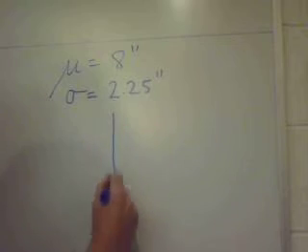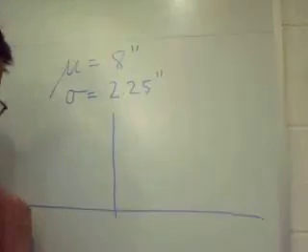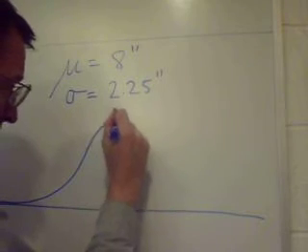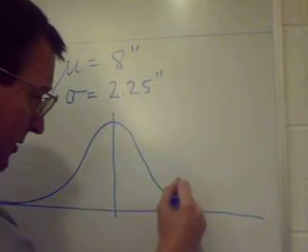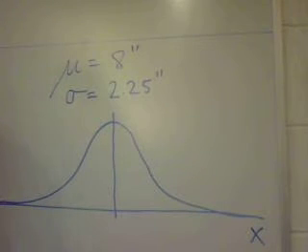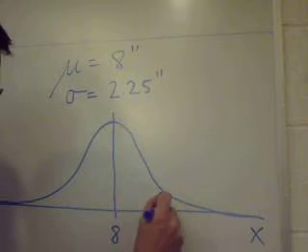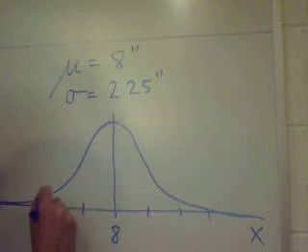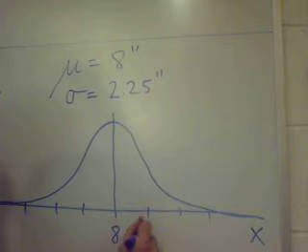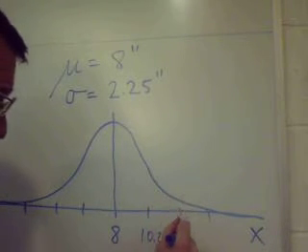So therefore, we could draw a normal curve to represent the distribution. Let's say x is the length of one fish pulled out of the lake at random. Well, 8 is the mean, and the standard deviation is 2.25, so I can put these numbers underneath.